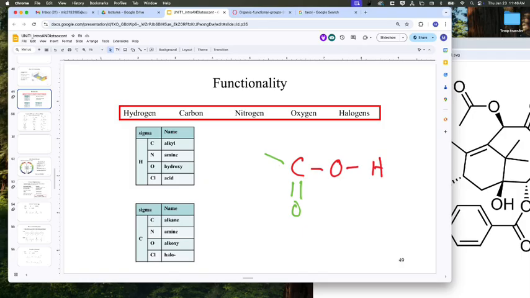Is that going to change how it interacts with my body? Yeah. Imagine drinking alcohol, have a good time, now drinking carboxylic acid, you just took a giant swig of vinegar. Is that a slightly different response? Yeah. That's a massive chemical change. Because that's a massive chemical change, I need to call that something else. I need to name it differently.